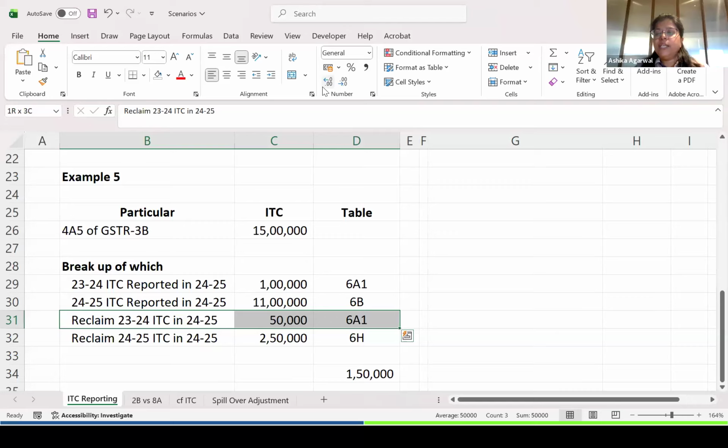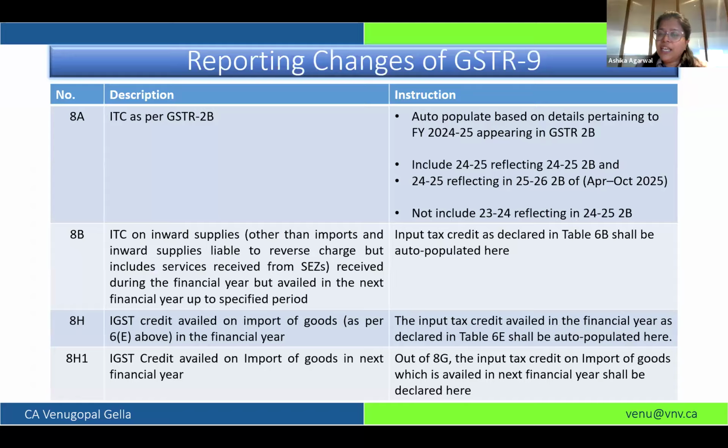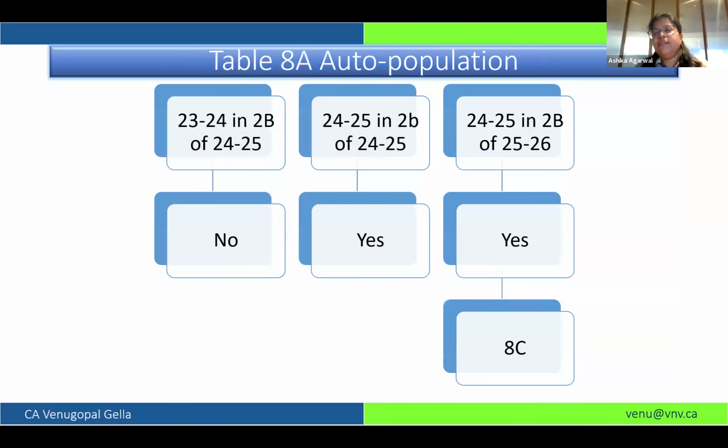So what you get in 6B is only ITC of 24-25 claimed in 24-25. 8A is auto-populated data, and 8B is again auto-populated based on 6B. 6B is the total ITC as per 3B minus last year's ITC, so it will only consist of ITC of transactions pertaining to 24-25, thereby facilitating reconciliation with table 8A.